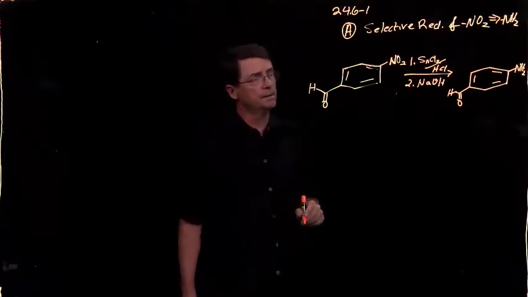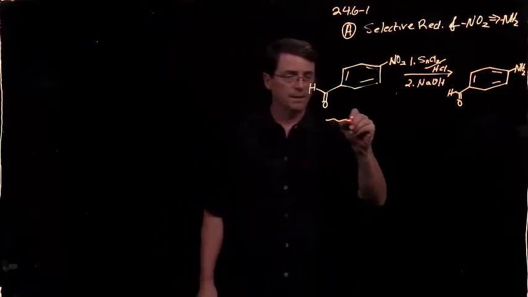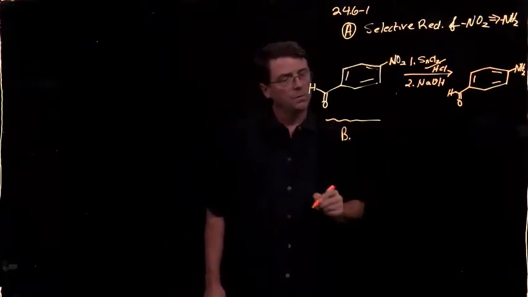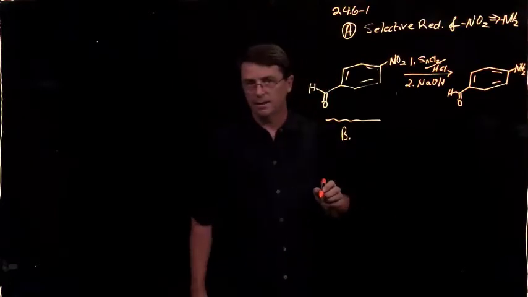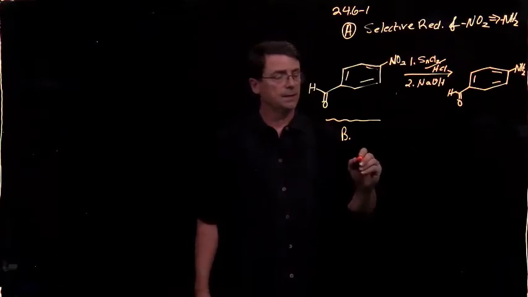Now, the other, obviously, chapter 24 is about amines. So one way one could imagine making amines would be to alkylate nitrogen-containing compounds.